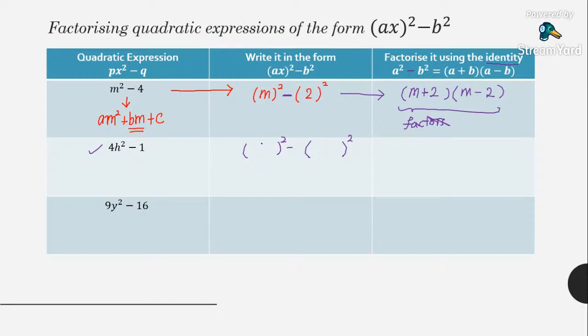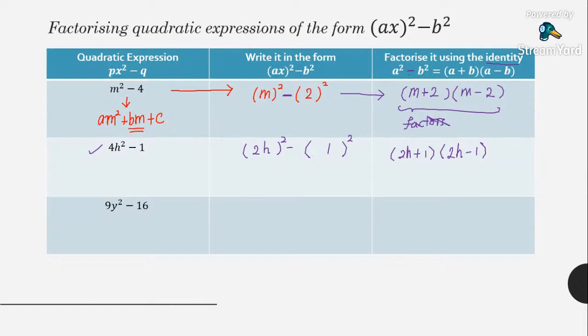Okay, because you are going to put it in the same brackets here. Therefore, what I have here is 2h. So if you think about it, it will be 2 square, you get a 4, and then h square. And everybody should know that 1 times 1 equals to 1. So this is a 1 square here. Therefore, I can write it as 2h plus 1 and 2h minus 1.